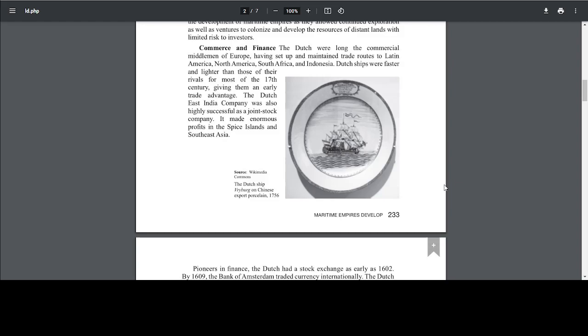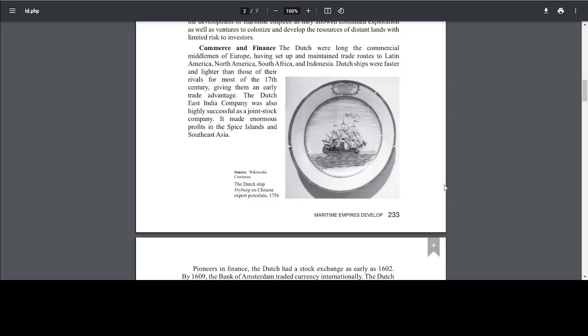Dutch ships were faster and lighter than those of their rivals for most of the 17th century, giving them an early trade advantage. The Dutch East India Company was also highly successful as a joint stock company. It made enormous profits in the Spice Islands and Southeast Asia.